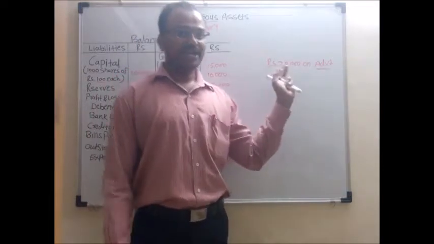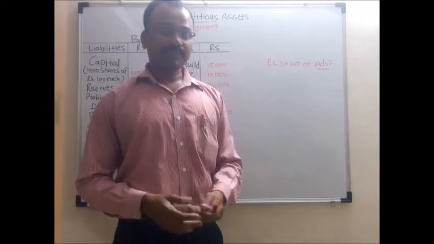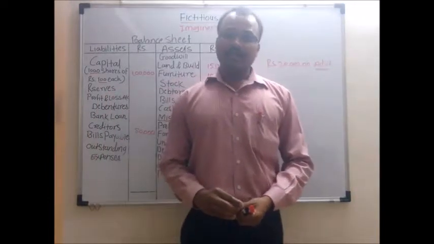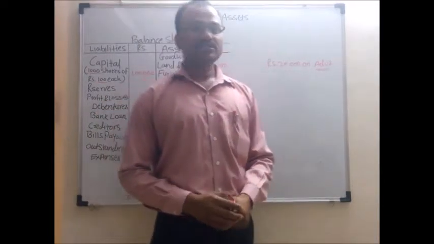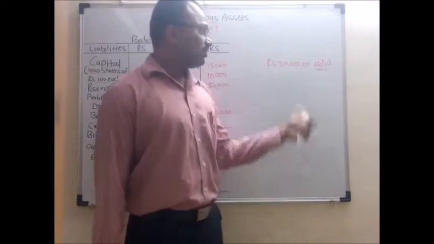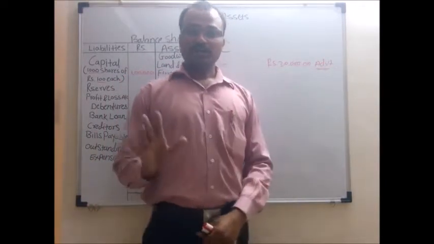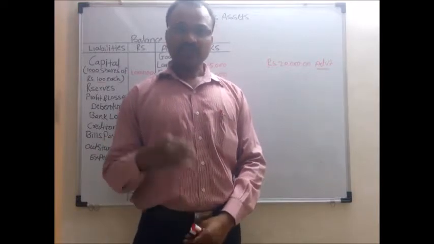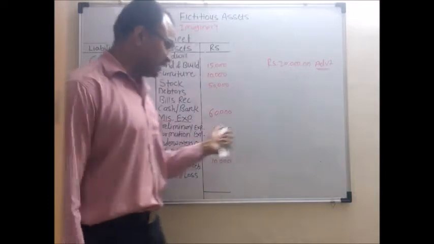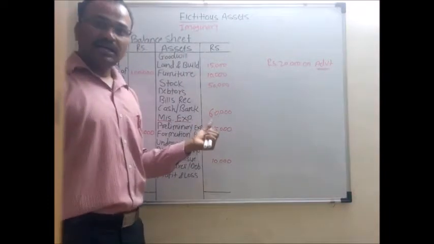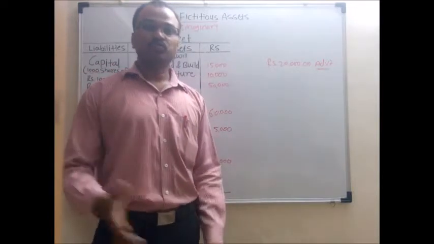Okay, at present I am ready to spend 20,000 on the advertisement of a product, but the benefit of that advertisement will be received by the business over the next 4 years. In that case, what will you do? Instead of charging the whole advertisement expenditure to the 1 year, I will show this expenditure under the head miscellaneous expenditure, and write off this advertisement expenditure over the next 4 years.